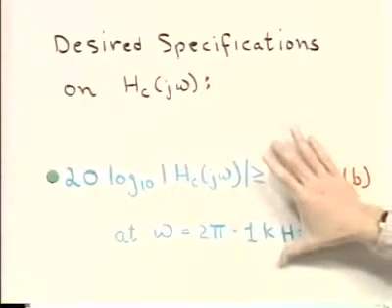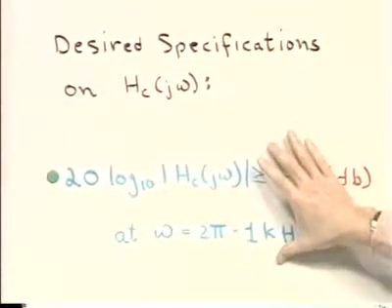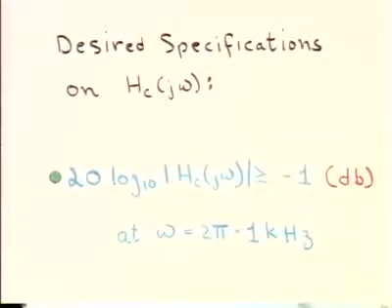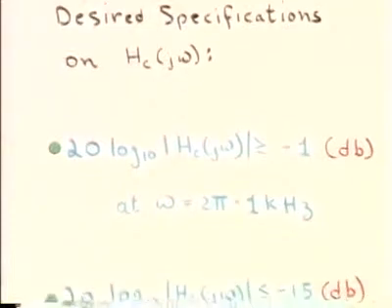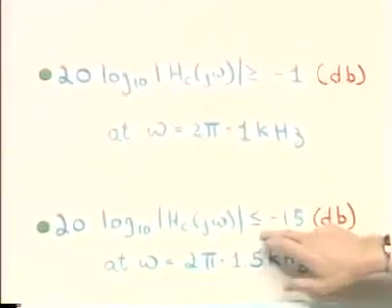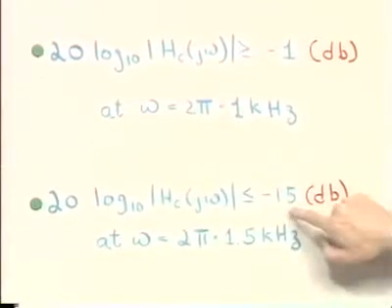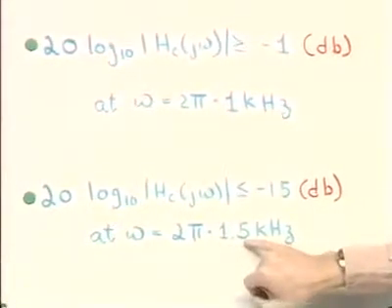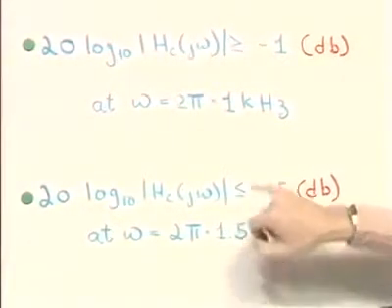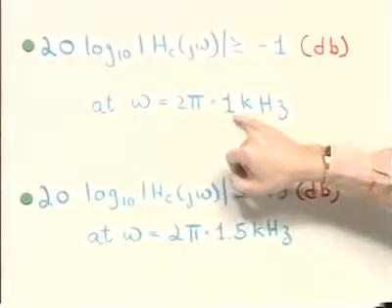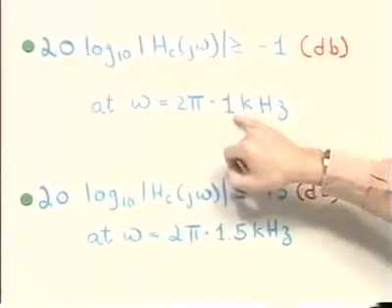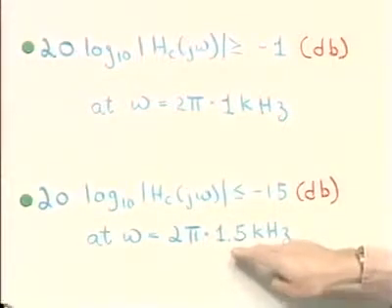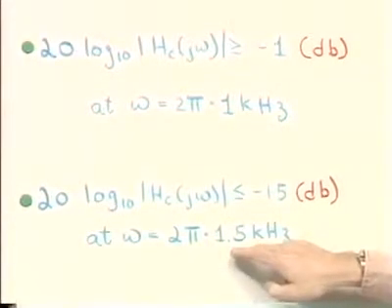So that, in effect, specifies the behavior in the passband. And for the stop band, I'll specify that the filter is down by 15 dB by the time we've gotten to 1.5 kilohertz. So we have essentially the beginning of the transition band, the end of the passband at 1 kilohertz, and the beginning of the stop band at 1.5 kilohertz.